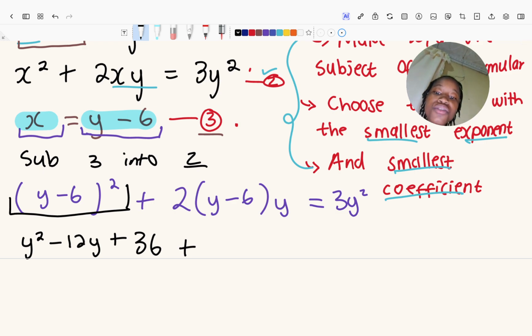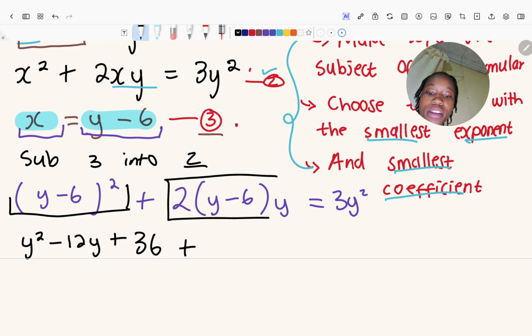So I want us to talk about this part. I want us to specifically look at this part, and this is really important because this is where most learners lose marks. Okay, and you don't want to lose marks unnecessarily. So when we have something like this, we have a bracket, we have a number, a bracket, and then we are followed by a variable.